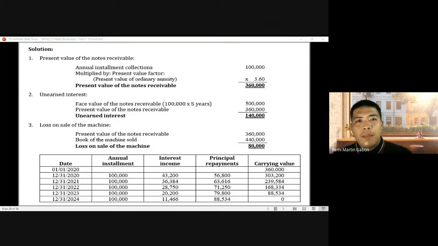Yung total. Bali, 56,800 plus 63,616 plus 71,250 plus 79,800 plus 88,534.